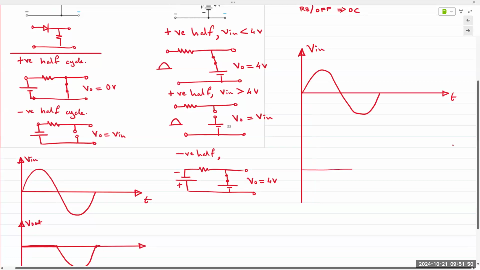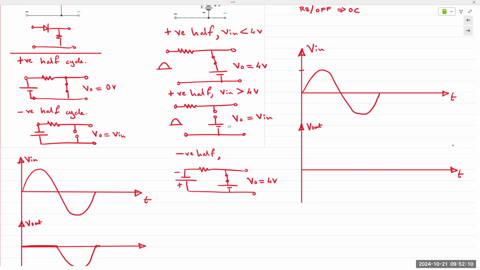And this is the output. Okay. Now, I don't know what this level is. Don't really care. I'm just using it as an example and assuming that it's going to be higher than 4 volts.